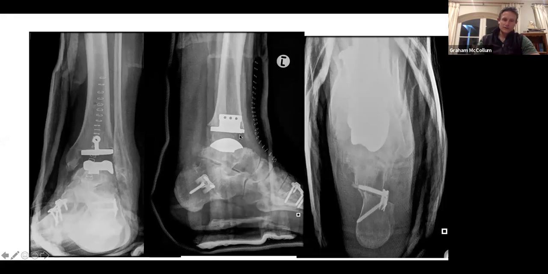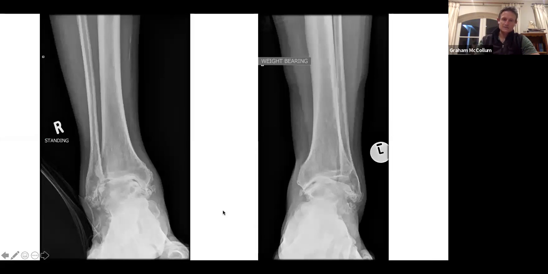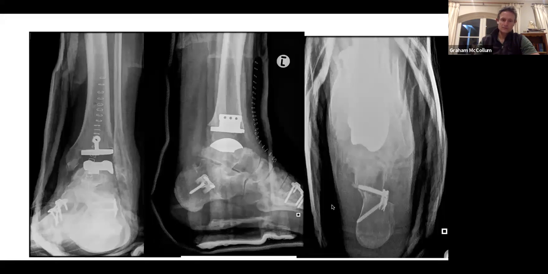When performing an arthroplasty in these cases, you have to try and balance the foot. The reason why his ankle developed a significant varus was a lot to do with his foot shape and his cavovarus. So we had to perform an osteotomy of the first metatarsal over here, an osteotomy of the calcaneus to get him out of varus, and then a lateral ligament reconstruction. You can see the little drill hole there.